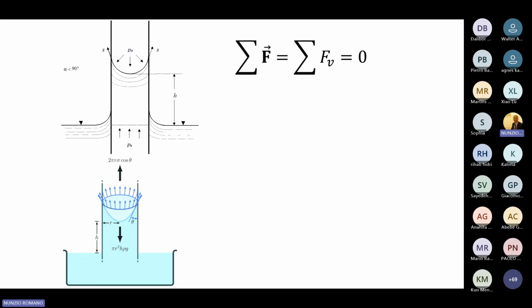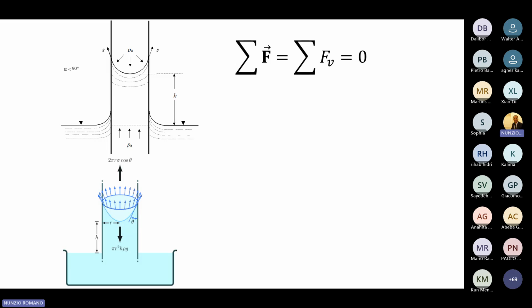Do you remember I made the animation of putting a capillary tube into a bowl of water? When you put this capillary tube into the bowl, there is a capillary rise.